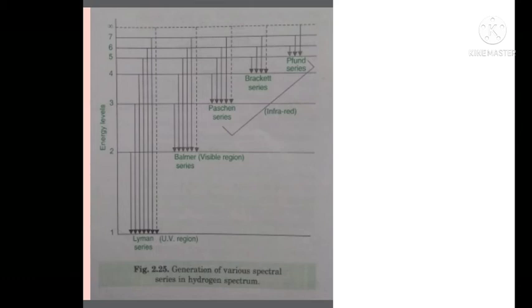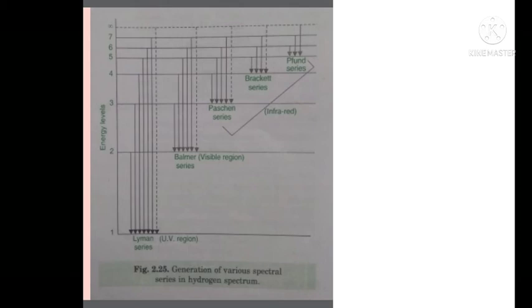If the electron jumps from any of the higher energy levels to the third energy level, that line corresponds to the Paschen series. And if the electron jumps from any of the higher energy levels to the fourth energy level, that line we get in the Brackett series.